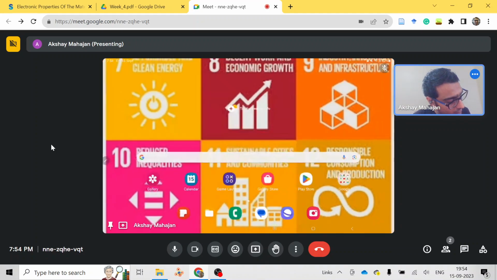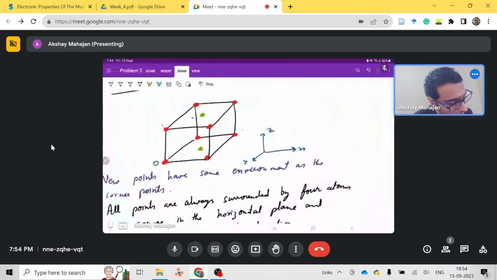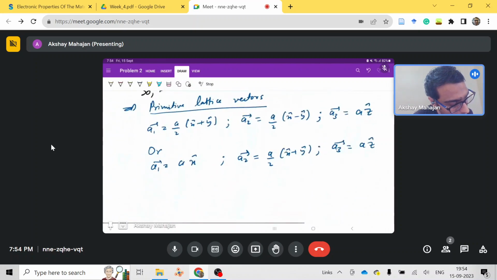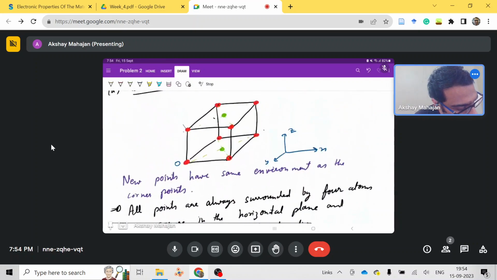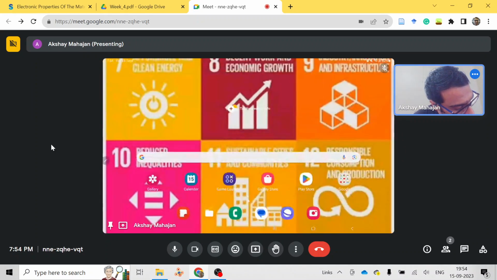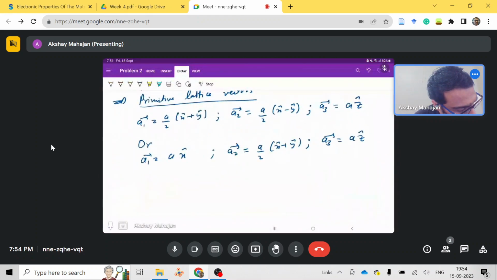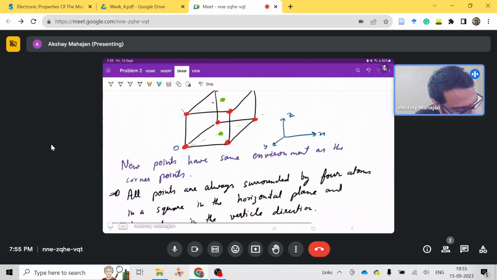So I go a by 2 x cap in this direction and a by 2 y cap in this direction, so that will be the vector. So a1 vector will be this.